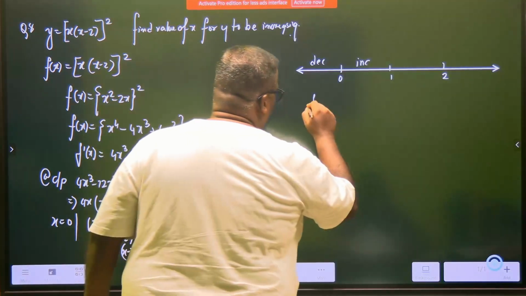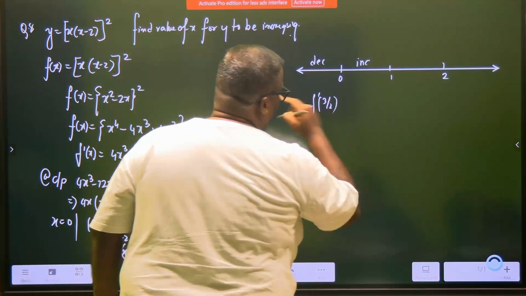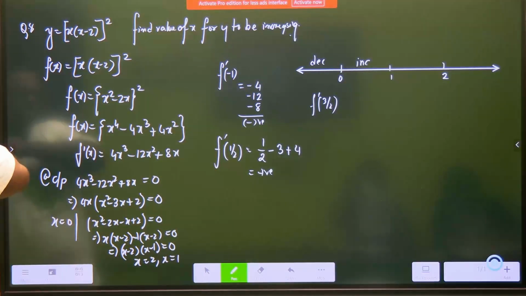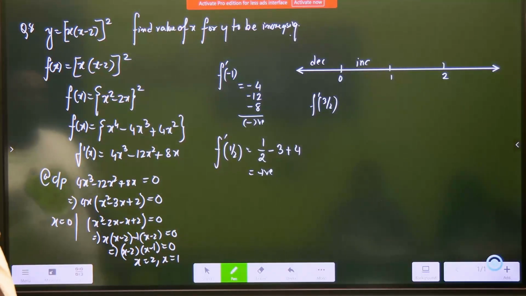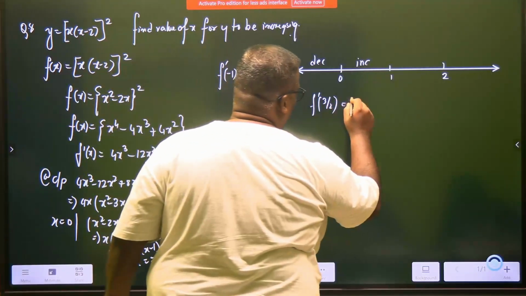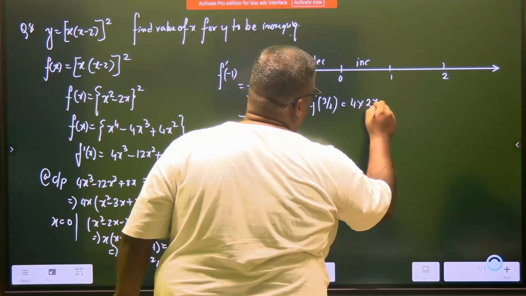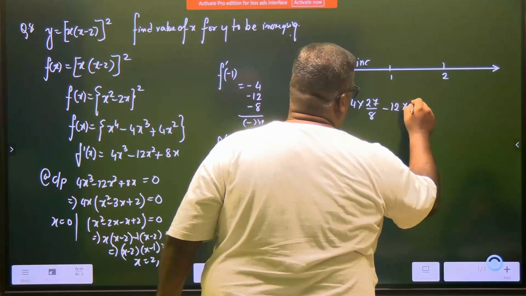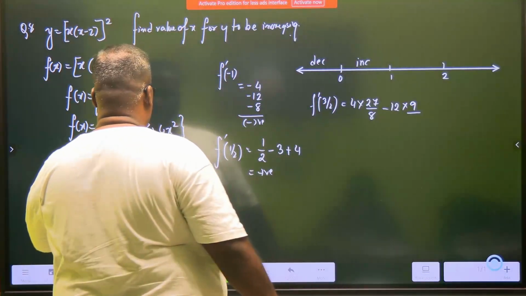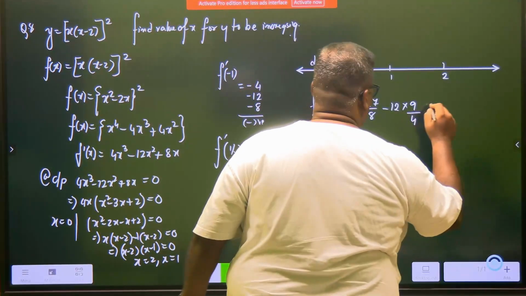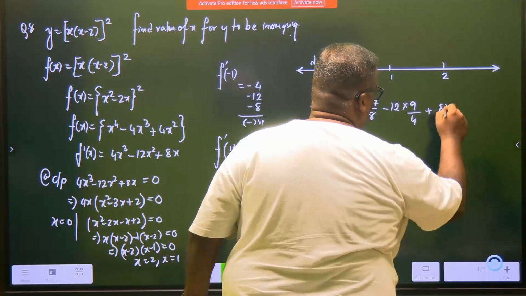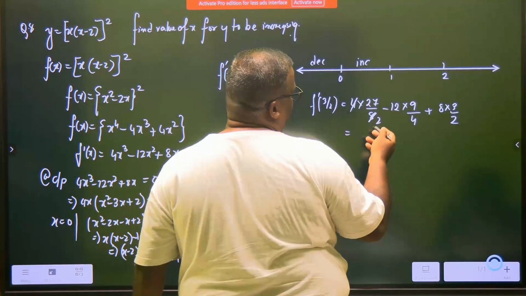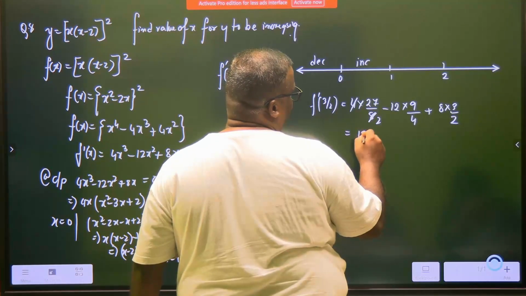Then let's take f dash 3 by 2. 3 by 2 is 1.5, right? 3 by 2 cubed means we will get 4 times 27 by 8. Then we have minus 12 times 9 by 4 plus 8 into 3 by 2. So this is 27 by 2, so 13.5.